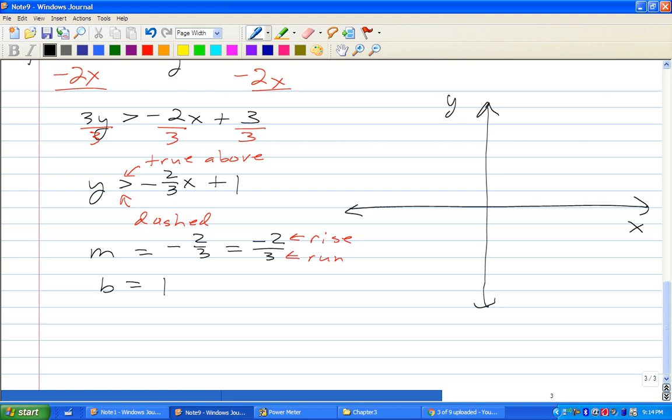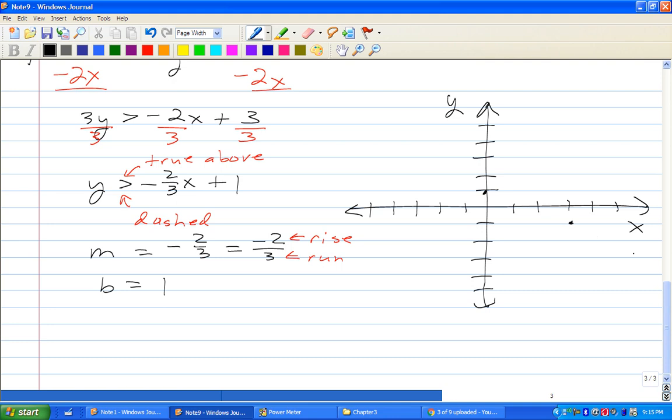Let me put some tick marks: 1, 2, 3, 4, 5, -1, -2, -3, -4, -5 on each axis. Y-intercept is +1, I go down 2 and over 3. And it is a dashed line.